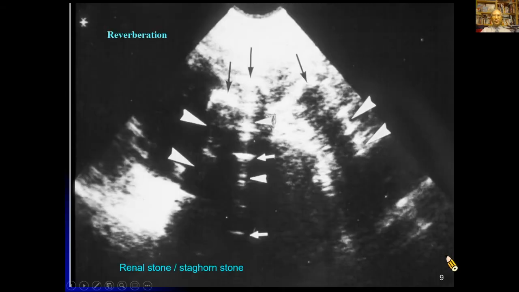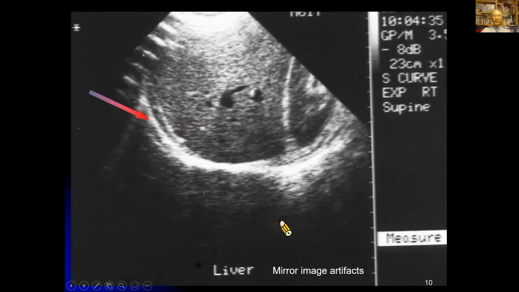Reverberation is not only noted in lung sonography or small bowel study, and here is an example of a renal stone, which also causes this kind of reverberation. Not commonly seen, but occasionally. And this one here is not a reverberation, it's a kind of mirror image.